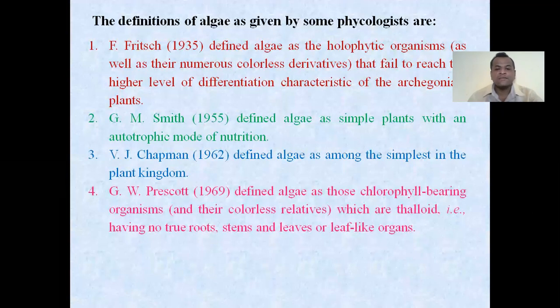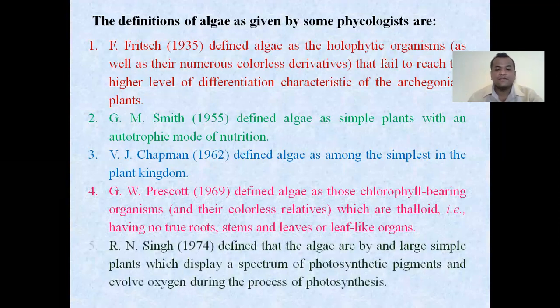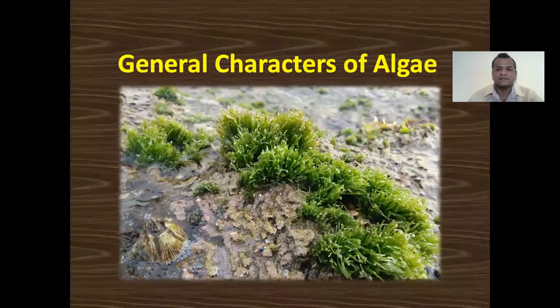Prescott defined algae as those chlorophyll-bearing organisms which are thalloid. R.N. Singh defined that algae are by and large simple plants which display a spectrum of photosynthetic pigments and evolve oxygen in the process of photosynthesis.